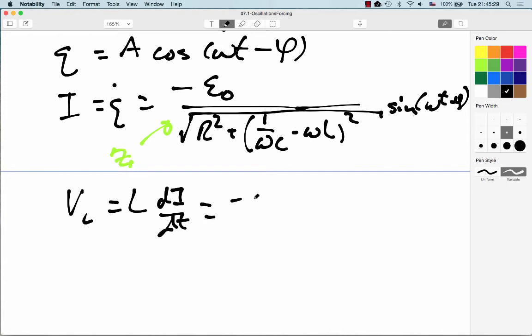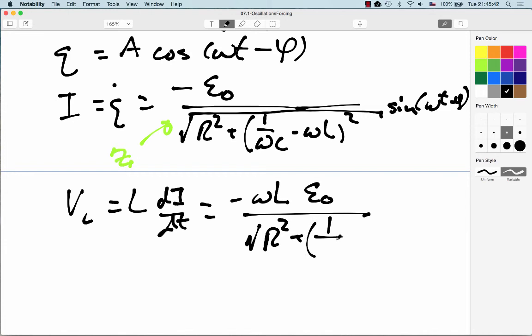So I'll get minus omega L times the EMF over the impedance, R squared plus 1 over omega C minus omega L squared, cosine omega t minus phi. Woohoo!